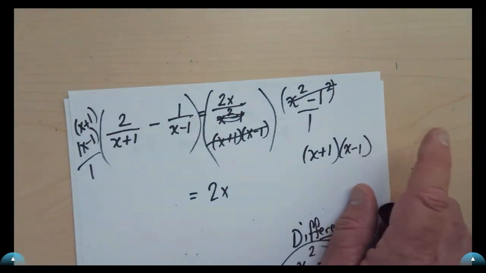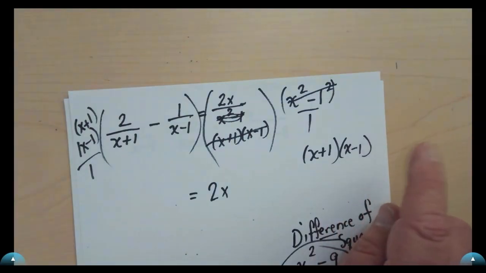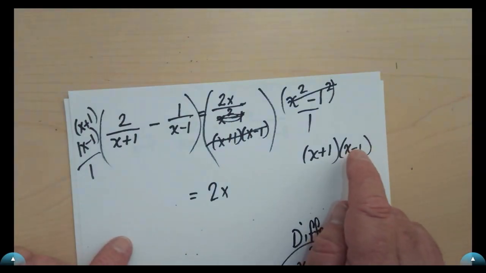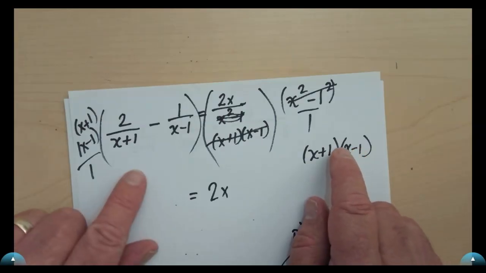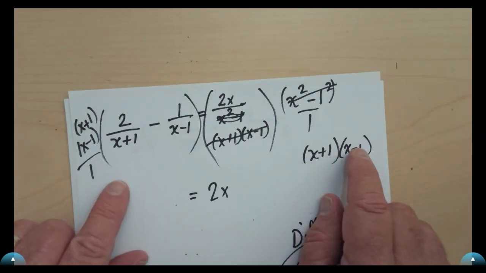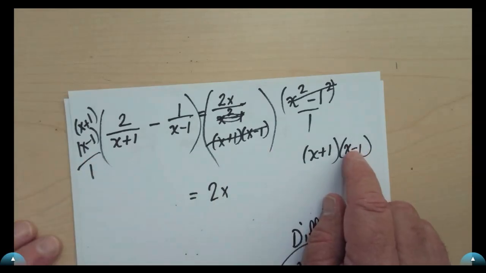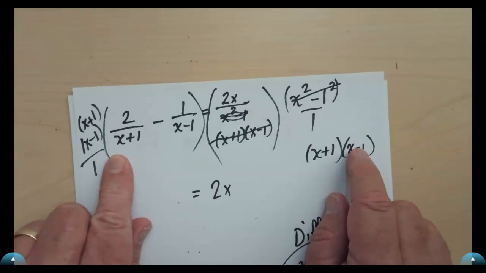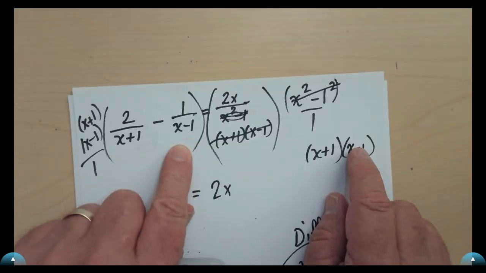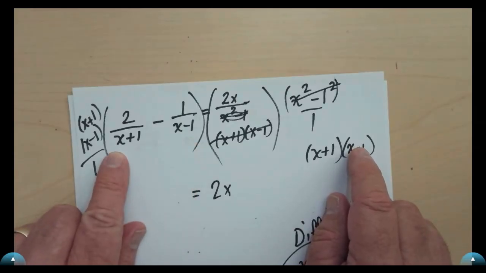On the other side, before we get any further, what are the numbers that I want to make sure I check for? What are the numbers that I could plug in place of x that could make these denominators 0? 1 minus 1 is 0. What about here? -1.